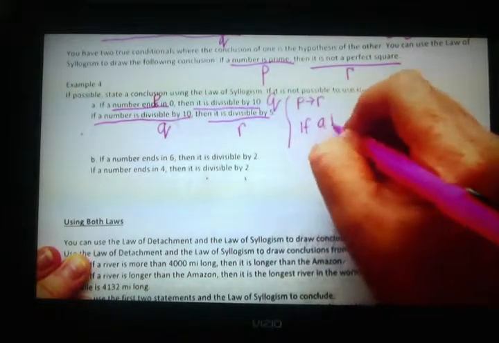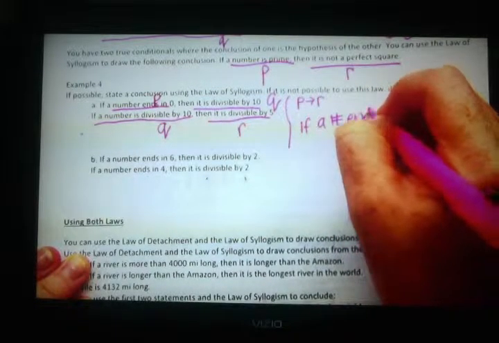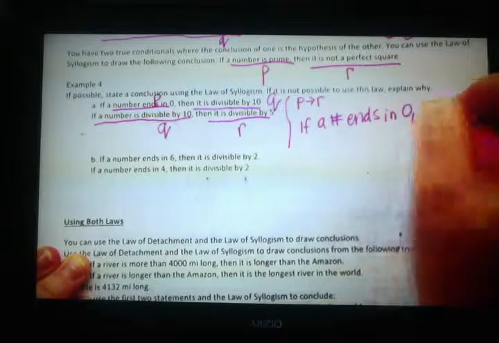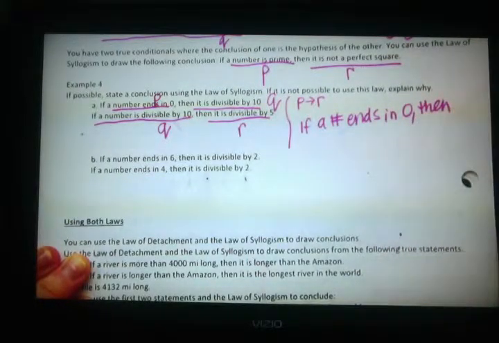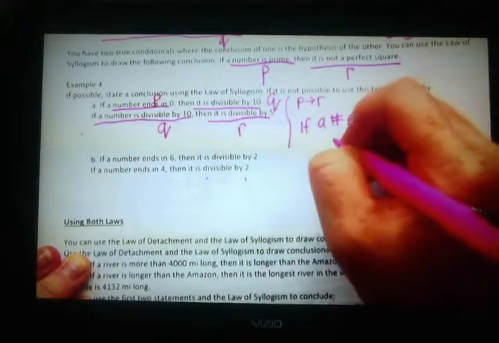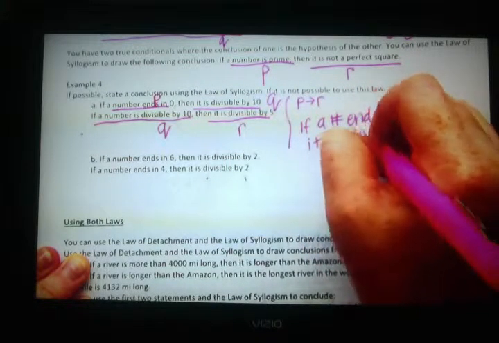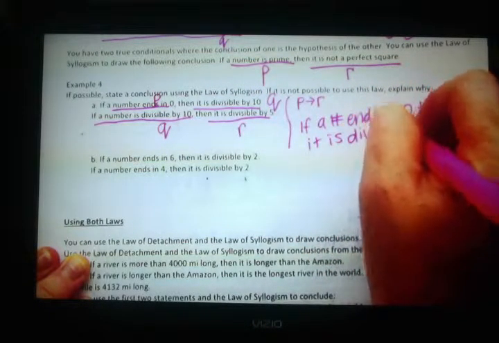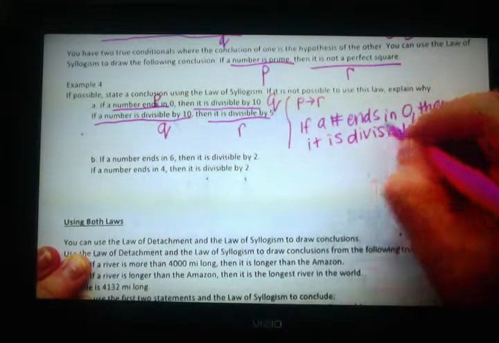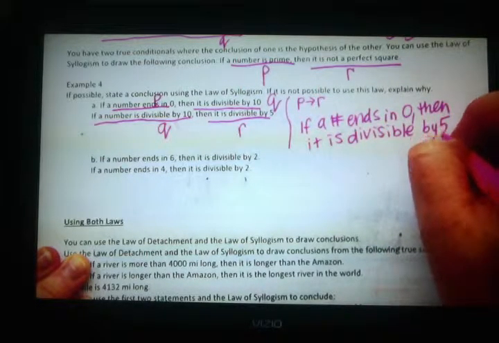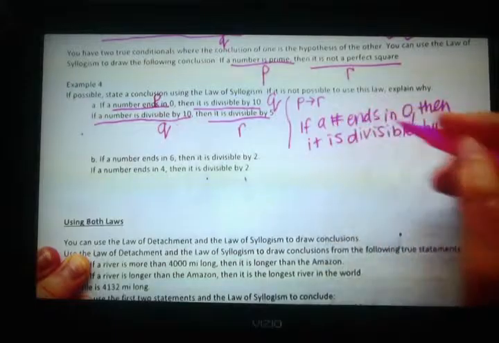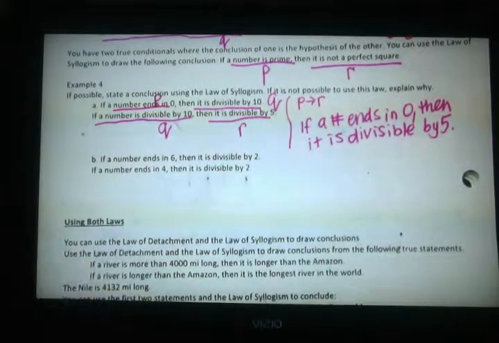If a number ends in 0, then it is divisible by 5. So we have if P, then R.